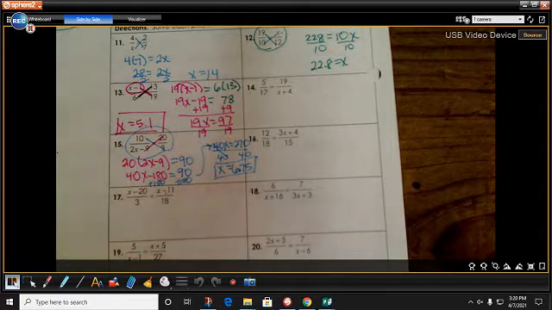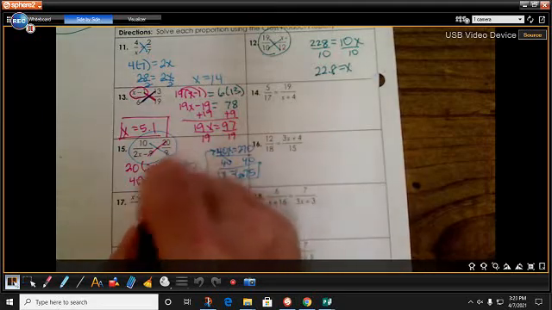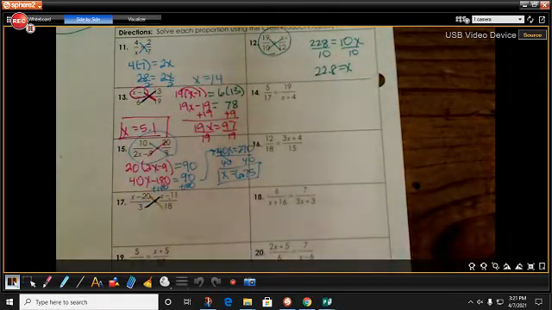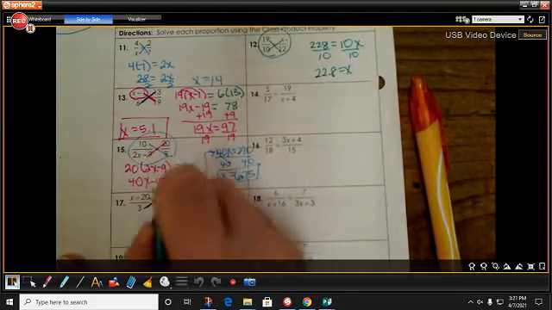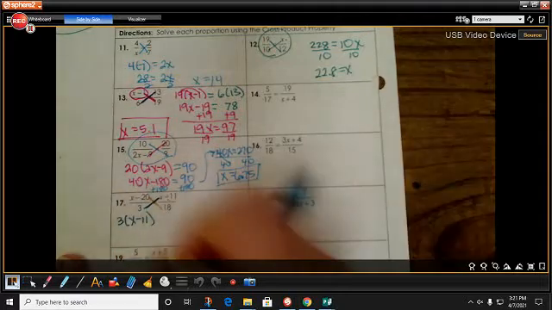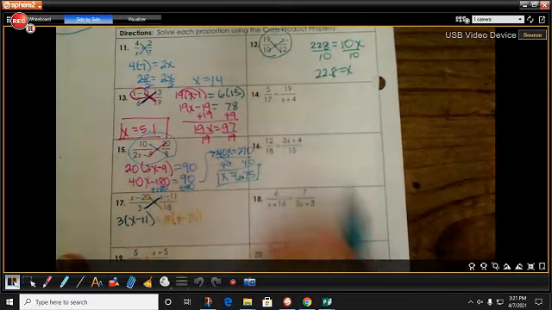Look, here I have 2 spaces in my proportion that are missing. I can still solve this using my cross products. I can multiply these 2 together, and I can multiply these 2 together. So before you panic, let's just try working it out. So I'm going to start here with 3 times the x minus 11 is going to equal the 18 times the x minus 20.